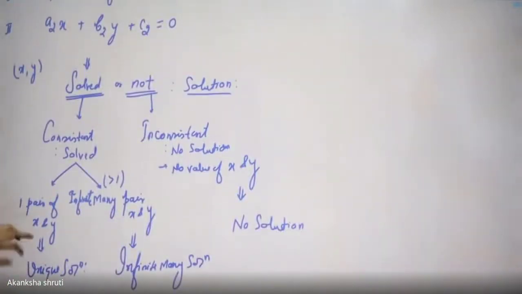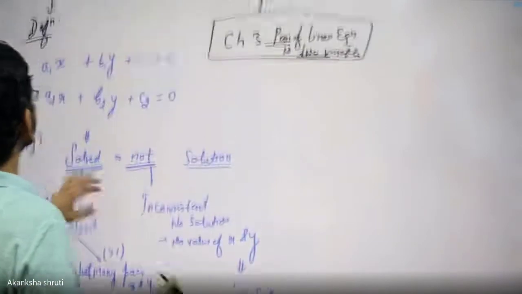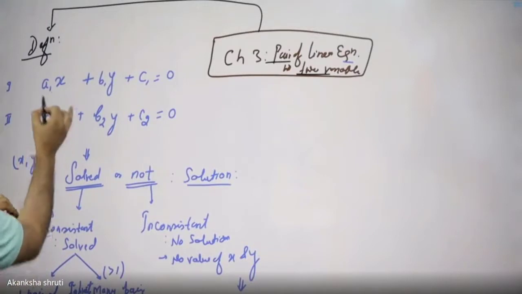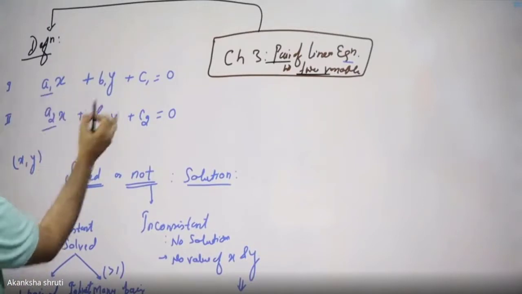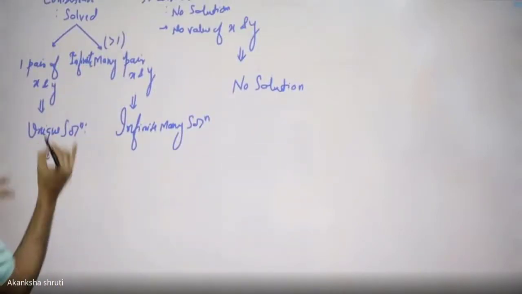Then whether the solution will be one, infinite, or no value of x and y can be obtained by considering these coefficients and the constant term. So there is a mathematical relation.